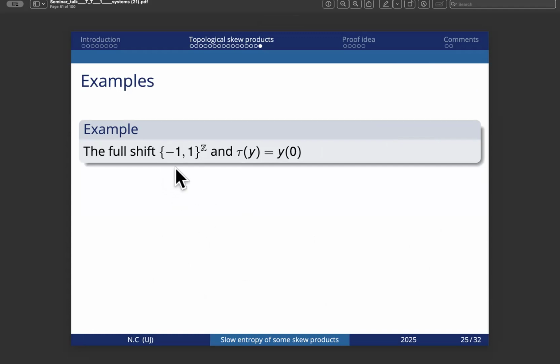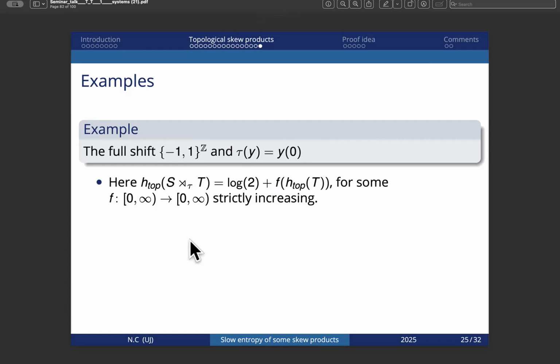So the last example is the full shift on symbols -1 and 1 with this cocycle, which is the 0 coordinate. Here, when we look at the skew products, they are like the topological version of the classical construction of the T inverse system, the associated topological system.